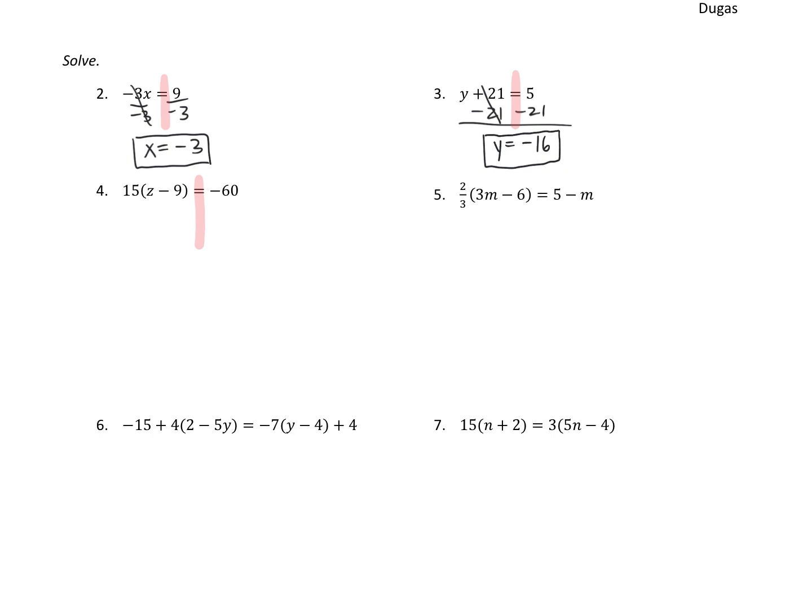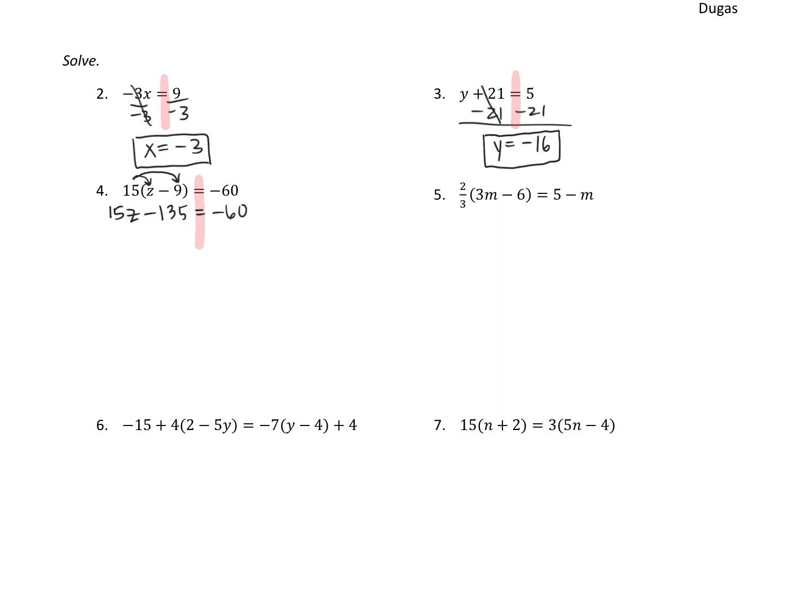Okay, number 4. So first we want to look at each side of the equal sign. So on the left-hand side, I can see that I can simplify. So I can distribute the 15 and get 15z minus, let me check and see what 15 times 9 is. So that's 135 equals negative 60.